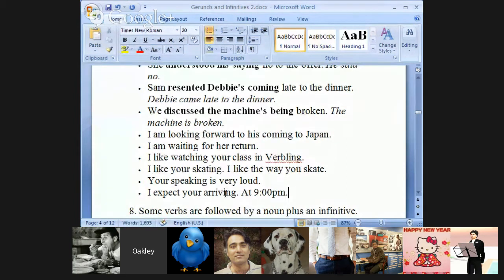Hang on a second. I expect you're, again, why would we use arriving when we have a noun form, which actually works better? I expect your arrival at 9 p.m. If you have a noun alternative, again, it's that same little lesson we learned earlier. If you have a viable regular noun alternative, do not use a gerund or an infinitive. There's no reason to. You have a word that means exactly that thing.